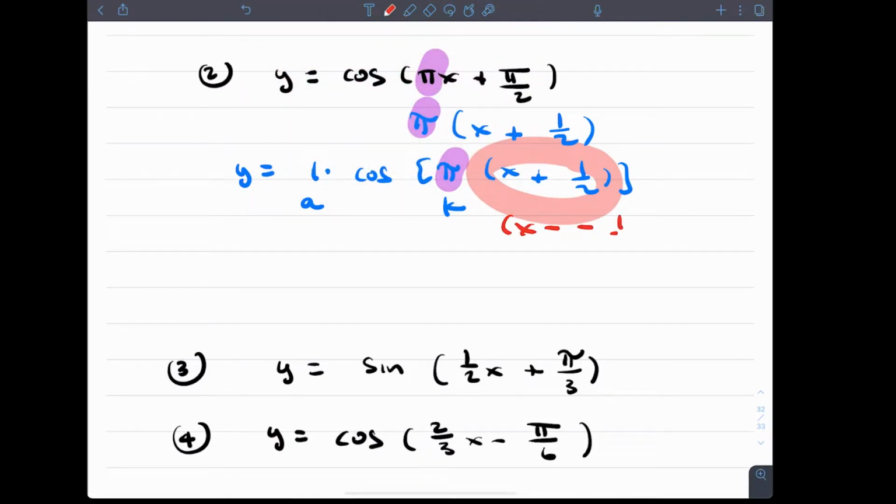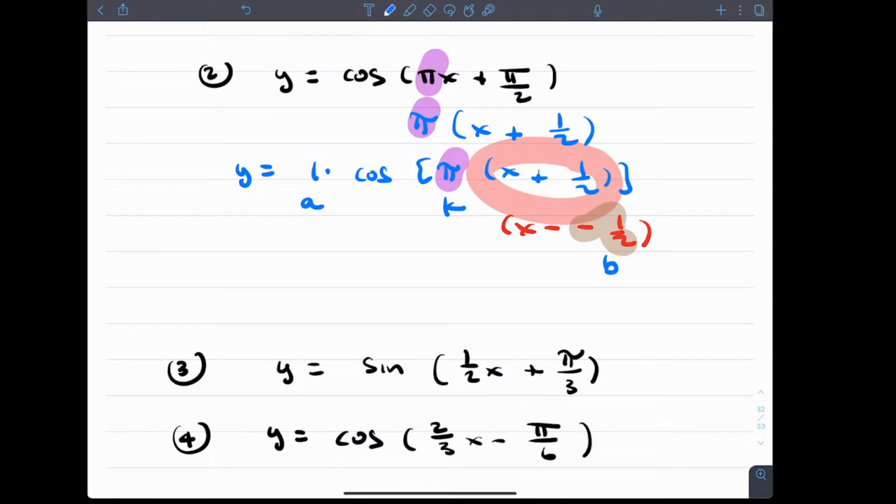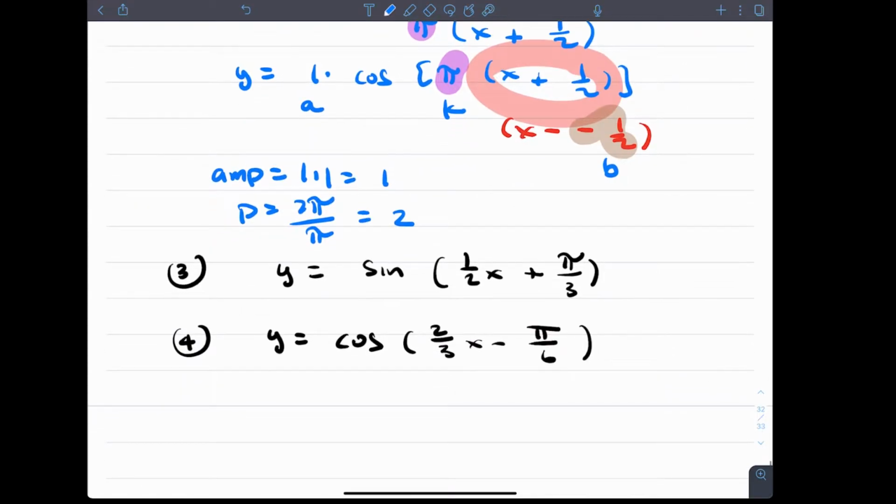Minus a minus, because my phase shift is actually what? Negative. You guys remember that? The phase shift is actually negative. So when I try to find the amplitude, it's the absolute value of 1, which is 1. My period again, 2 pi over k, which is pi, and that's 2. My phase shift is what? Minus 1/2.